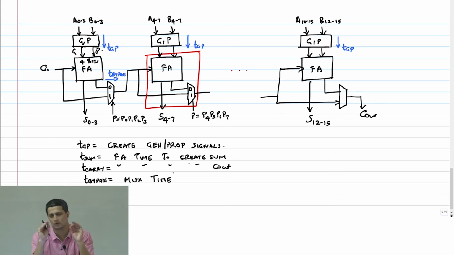Now the only thing we have to figure out is what is my worst case delay and what mode of operation should each of these 16 adders be in. Can, for example, bit A5 and B5, that full adder, can it be in generate mode?